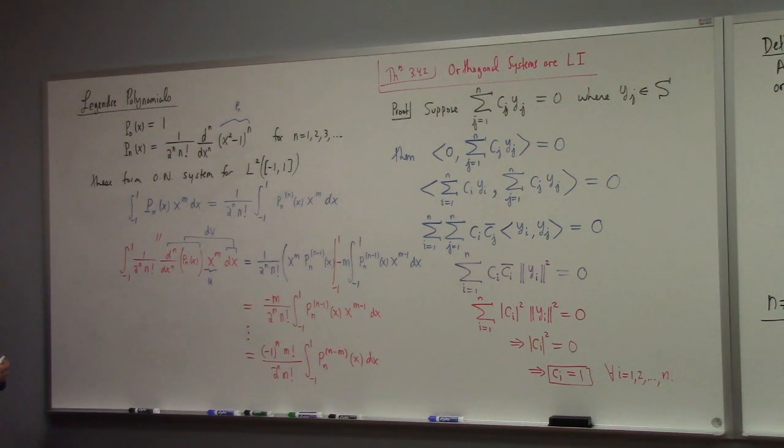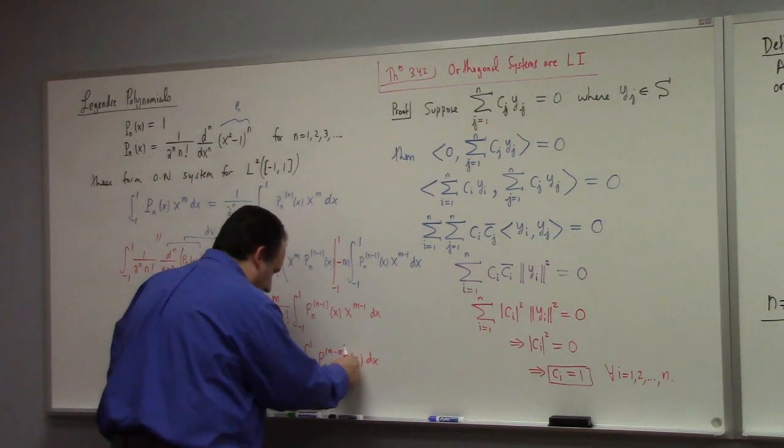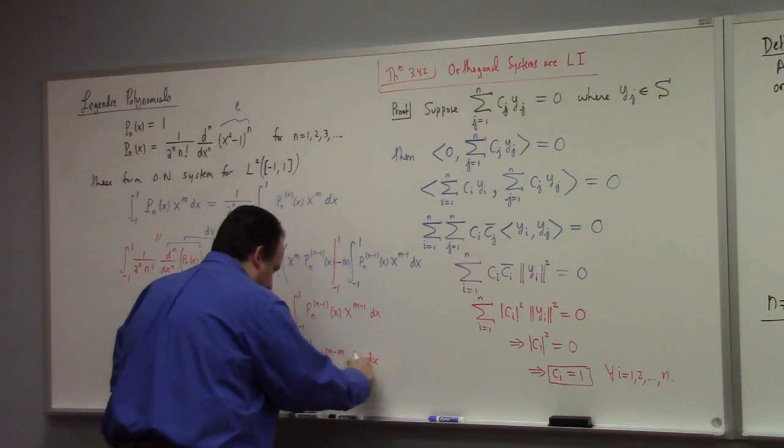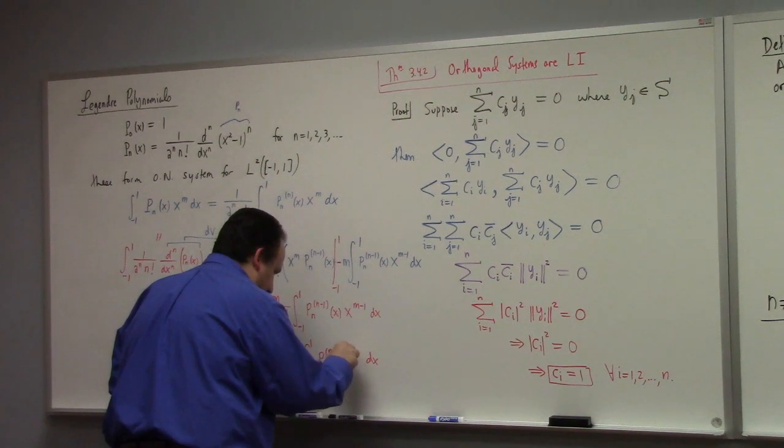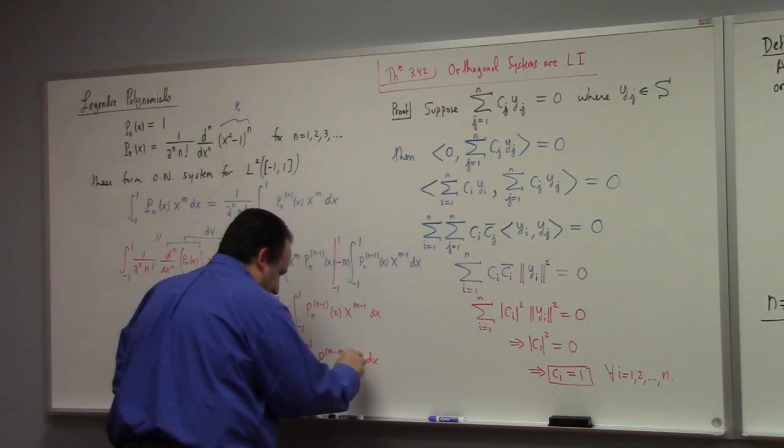He has the final result as negative 1 to the n factorial times little p of n to the n minus 1 derivative of x. So I think it just takes that last one. My counting's a little bit off there. Now I've got the counting right. Apparently, yeah.